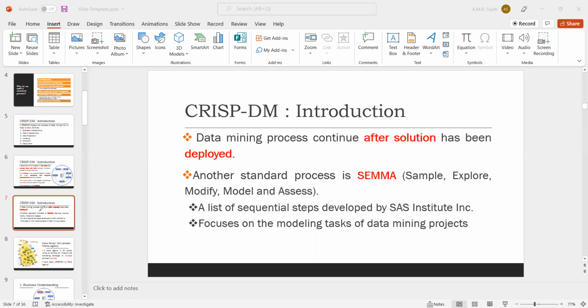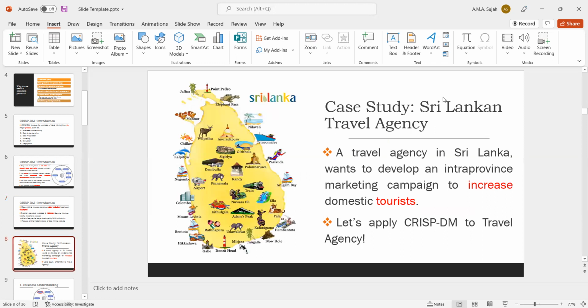Before moving to these, I will explain these 6 steps by using a case study or real world example, how you can apply this cross-industry standard process for data mining. Let's imagine in Sri Lanka, the tourism industry is highly acceptable for foreign exchange.